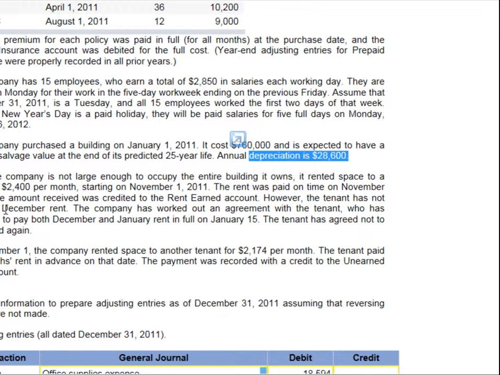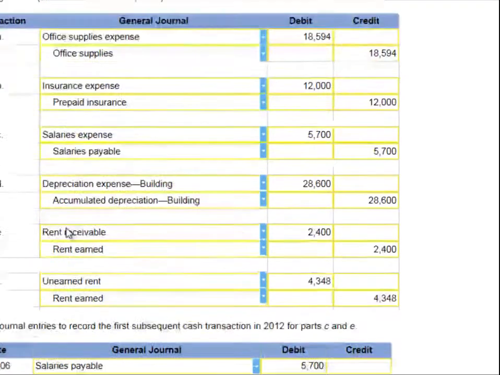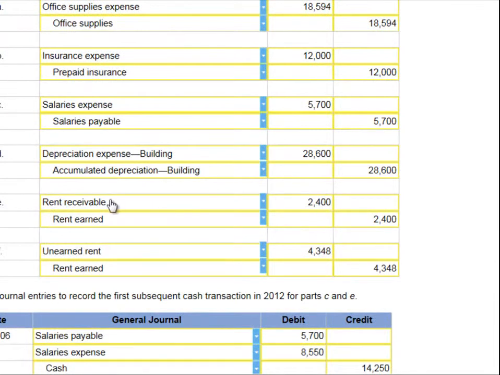Even though we haven't received it, we've earned it. So it's $2,400. And it's going to be the accrual entry, the accrued revenue. We debit rent receivable, and we credit the revenue account, rent earned, or just rent revenue. In this case, they call it rent earned.